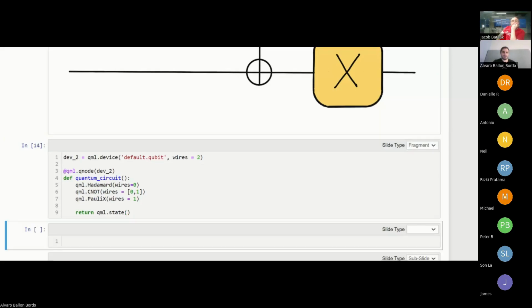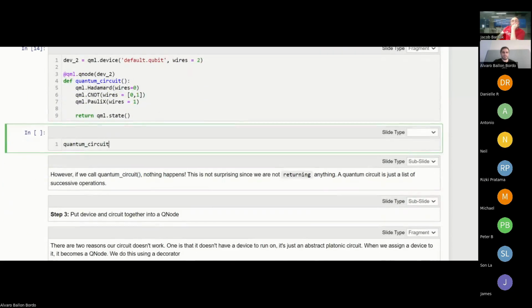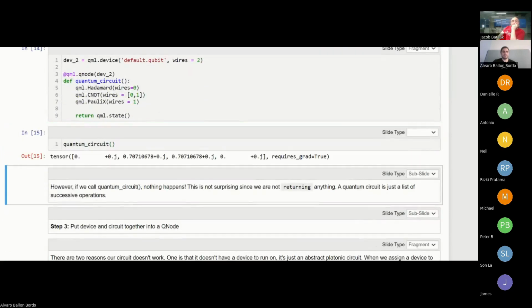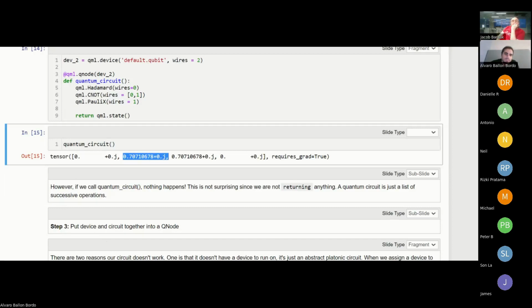And then if I run the quantum circuit, it will give me this vector, but this vector is a vector with 1, 2, 3, 4 components. And why is it a vector with 4 components?